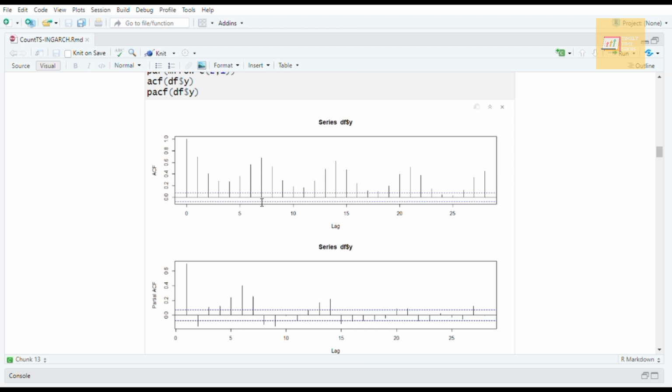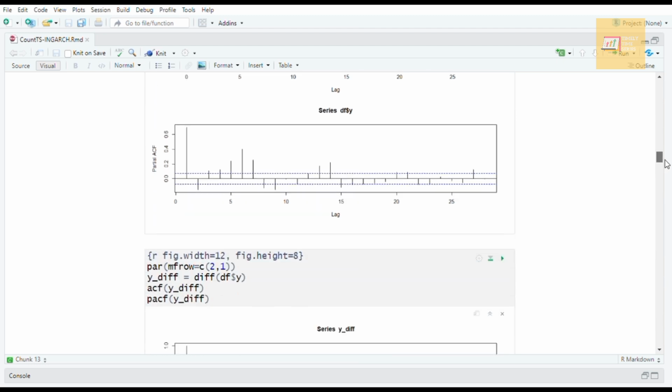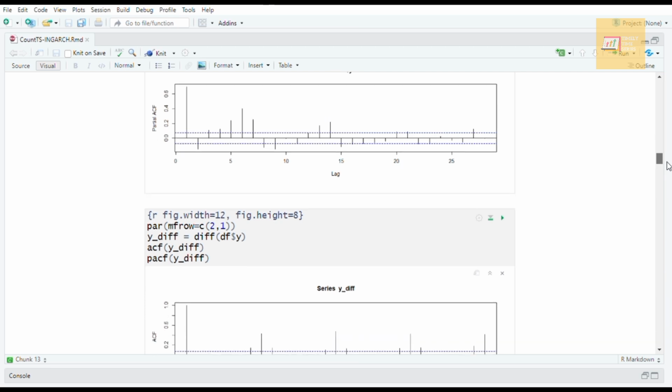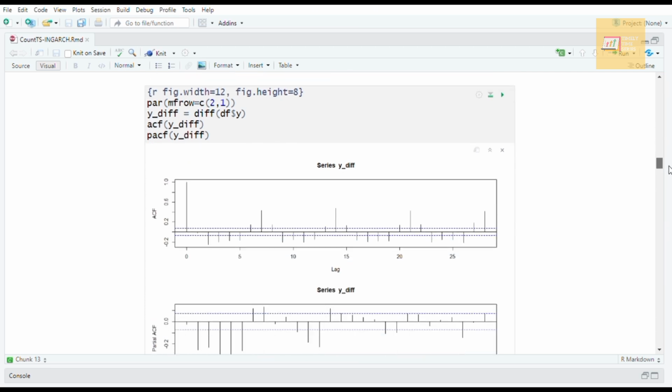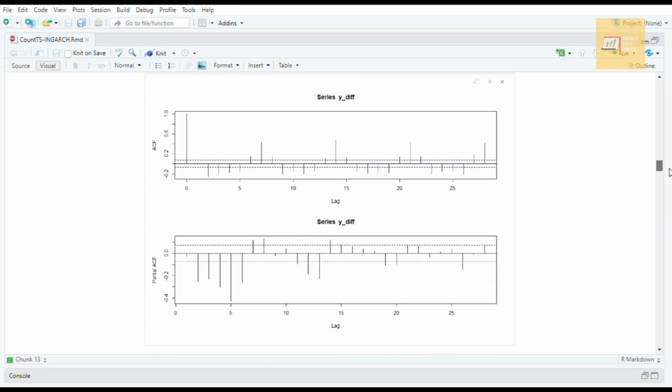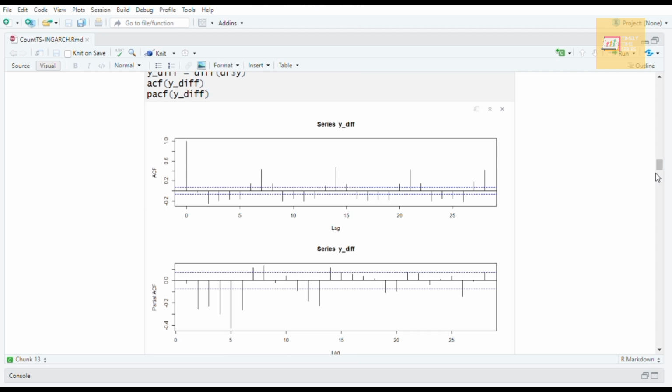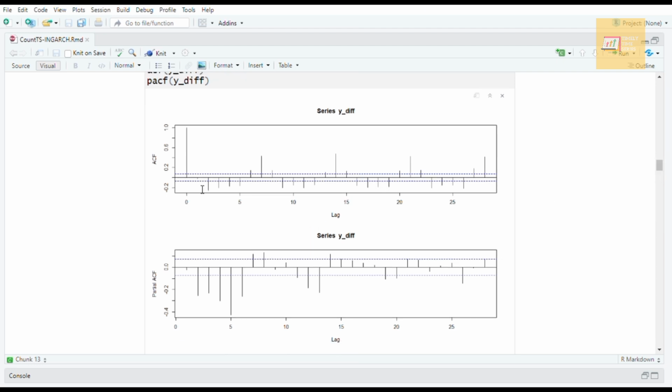If we look here, it's every 7 lags. Since we're talking about daily data, that means we have a weekly seasonality. I also made the ACF and PACF plots for the series differenced by only 1 lag. And even though these plots show that the non-stationarity is still there, it's much reduced already.